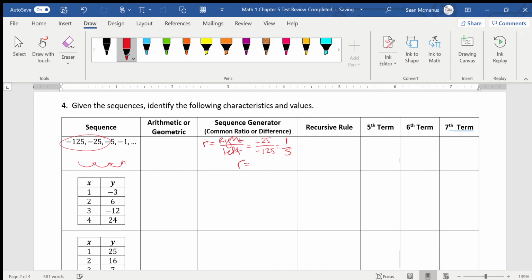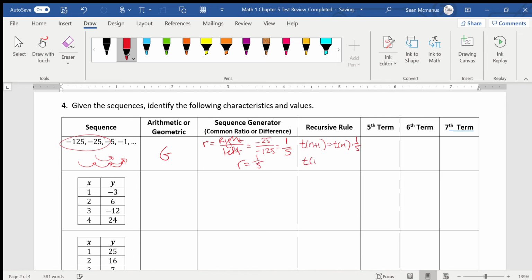So my r is 1 over 5, right? Multiply by 1, divide by 5. That's what that fraction means. So arithmetic or geometric, that's geometric. It's doing the same the whole way across. All right, recursive rule. The next term is the current term times 1/5.